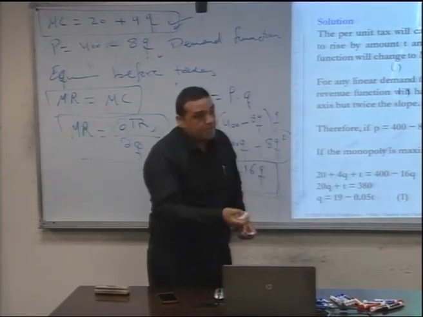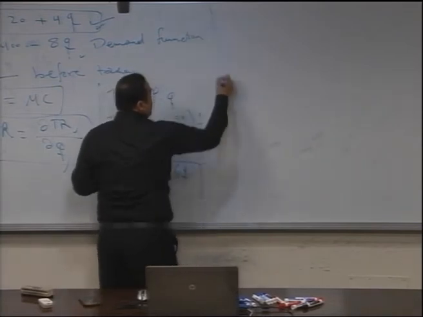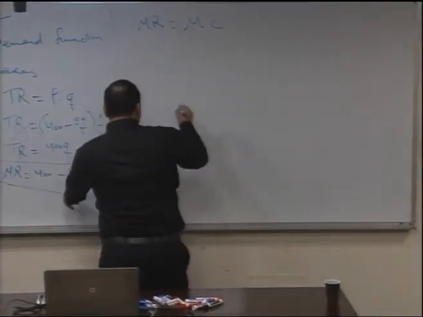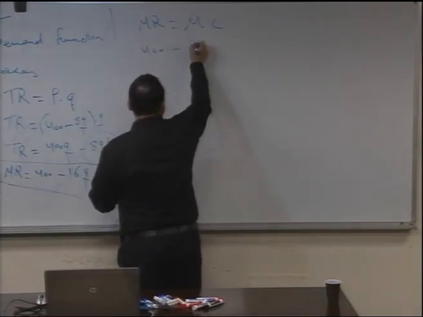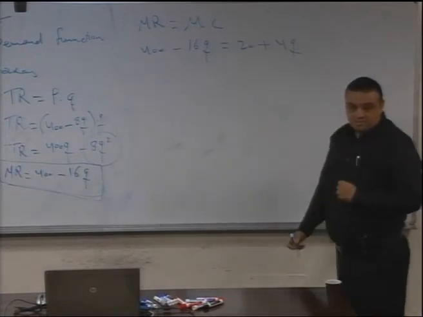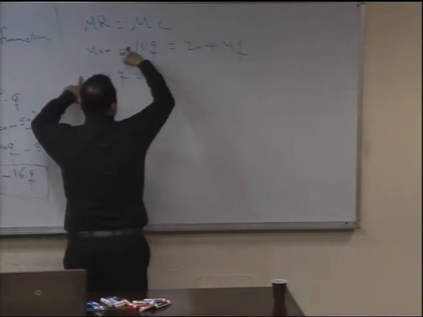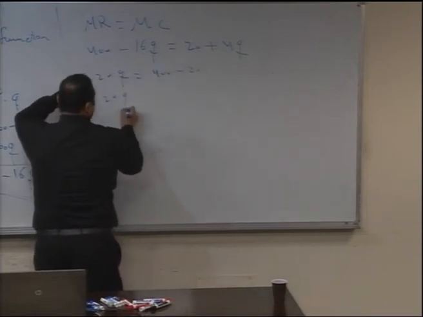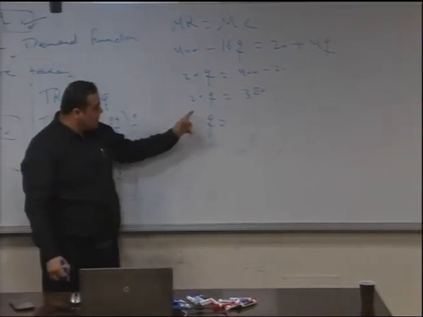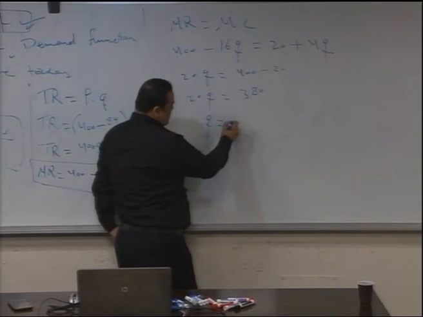So at equilibrium, marginal revenue equals the marginal cost: 400 minus 16Q equals the marginal cost, 20 plus 4Q. So 20Q equals 400 minus 20, which is 380. So Q equals 380 over 20, which is 19.